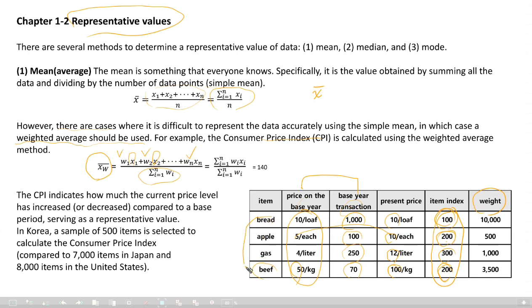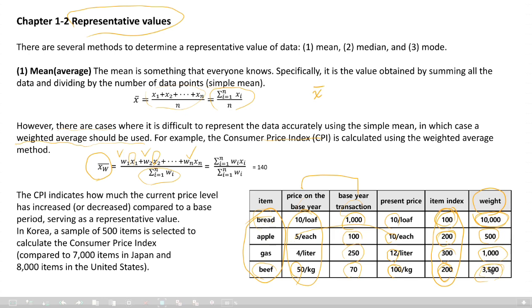In this market, there are only 4 items, and the bread is 10 times 1,000, which is 10,000. Apple, what is it? 500. Gas, what is it? 1,000, right? Weight. Beef is 3,500. These are weights in this consumer price market.